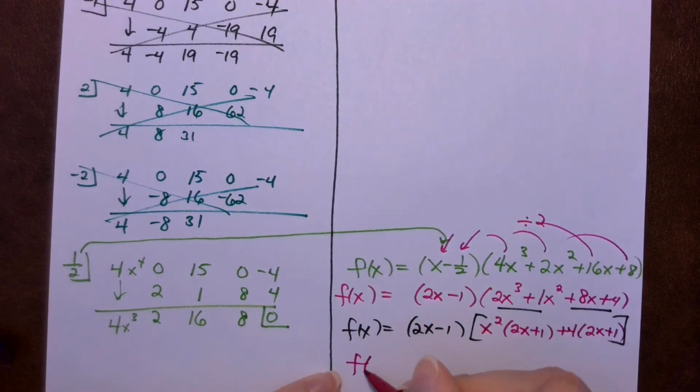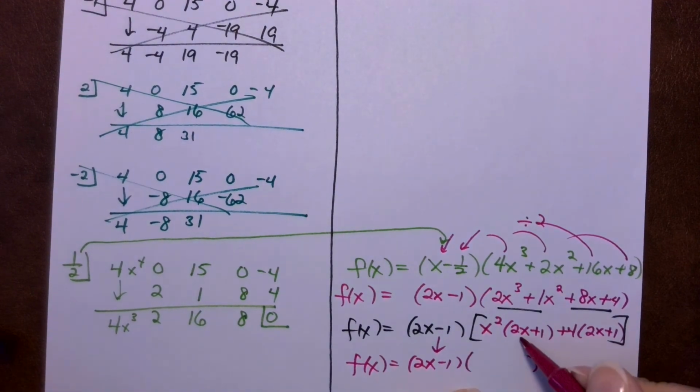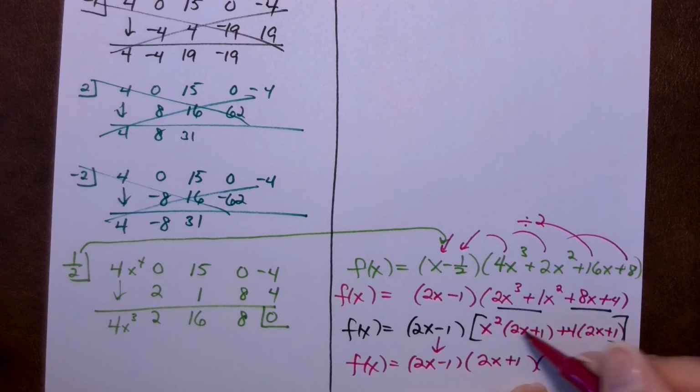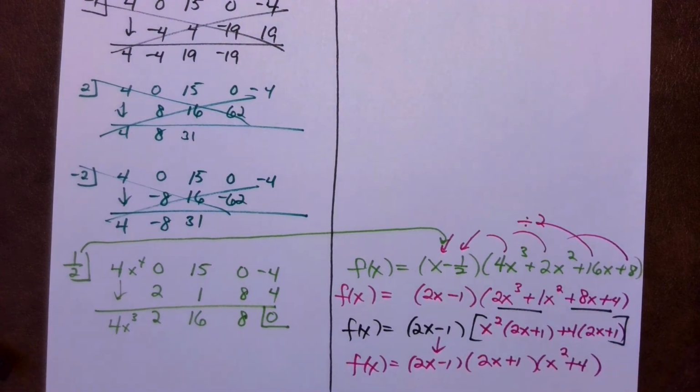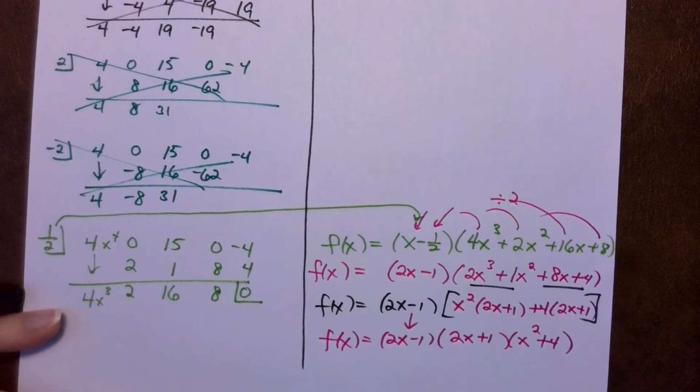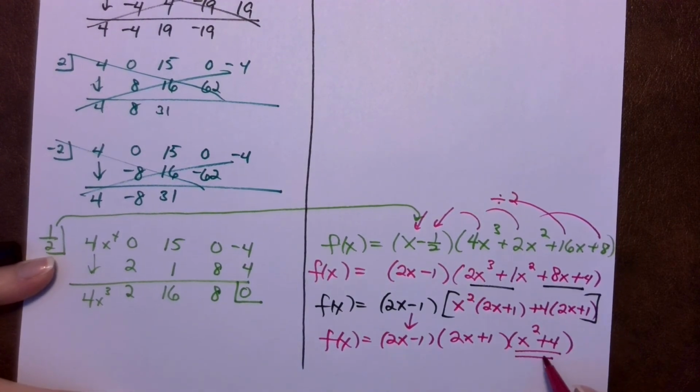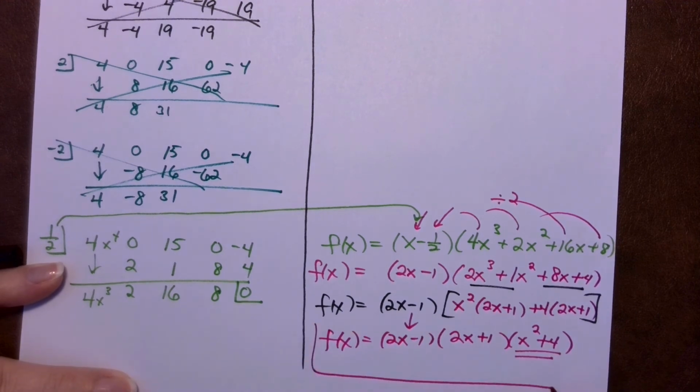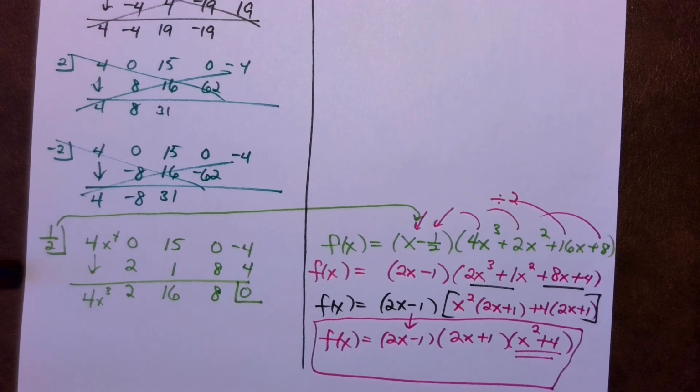Perfect! All right, so f of x is equal to 2x minus 1. Just drop that down. The duplicates here that I see are 2x plus 1, and then right there, x squared plus 4. Can I factor this any further? No, because remember what that's called? Irreducible quadratic. So I've got this factored as much as I could.